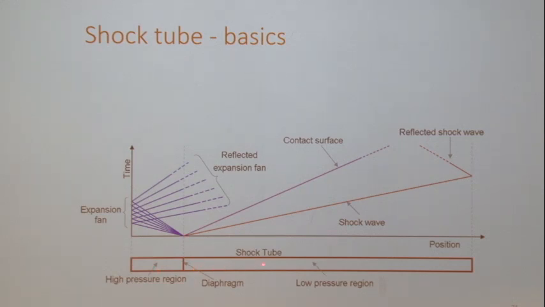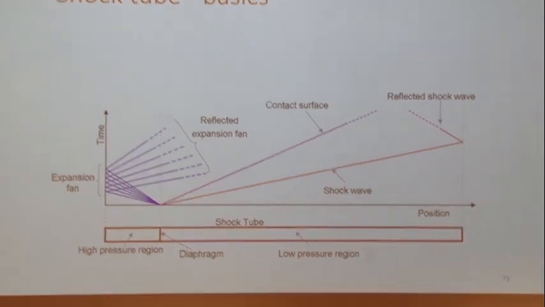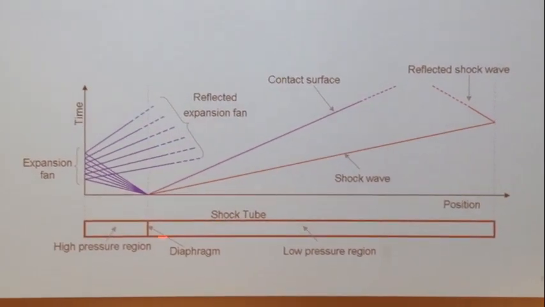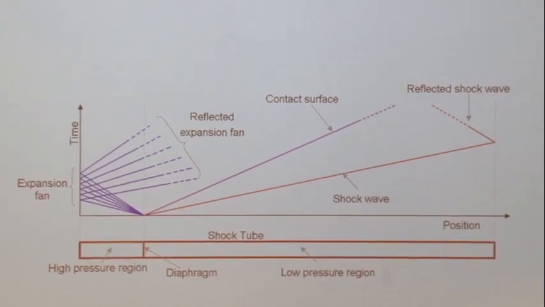And the shock wave travels down the pipe, and it bounces off the back and comes on back. And in the region down here, this gas got heated up by the shock, and then the reflected shock heats it even more, and the temperature is very high. So the temperature can be 1500, 2000 Kelvin, 1200, and you can control what temperature you want by varying the pressure ratios and exactly what the gases are.